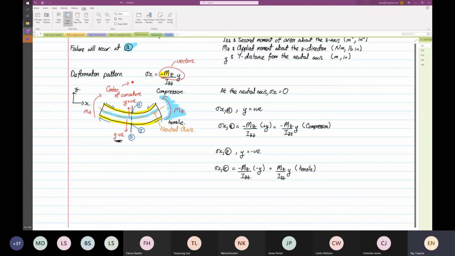Now, what I have drawn down here, I'll write down. The head end of the moment vector is always in compression.